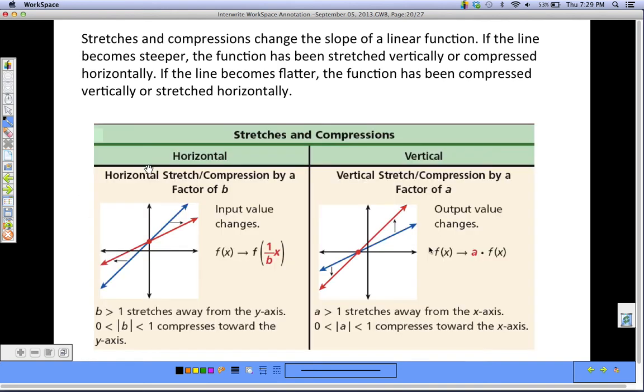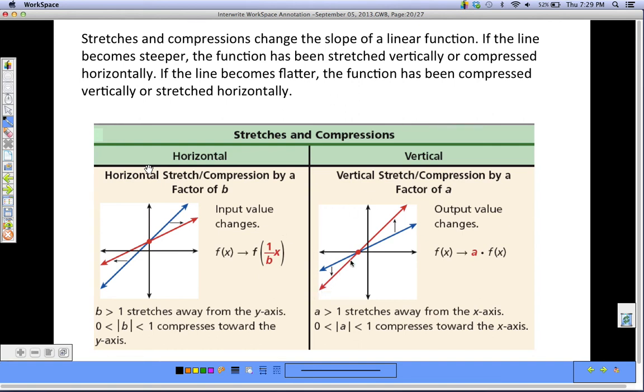Okay, now the tricky parts. Compressions and stretches. It's a change in the slope of this linear function. If the line becomes steeper, then we have stretched it vertically or compressed it horizontally. So, we would look at this figure here.